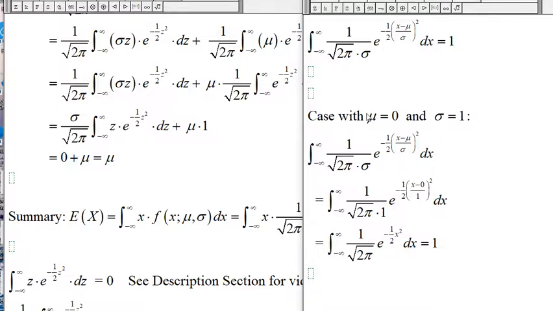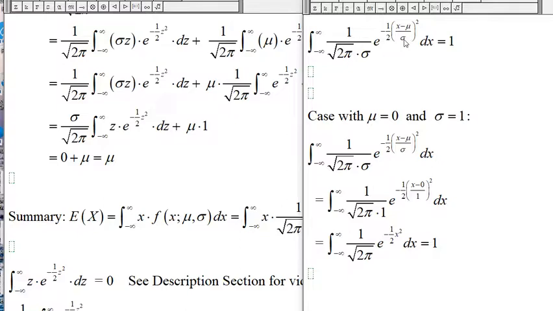For the special case where mu is 0, sigma is 1, so in the place of sigma we have 1, and in the place of mu we have 0.